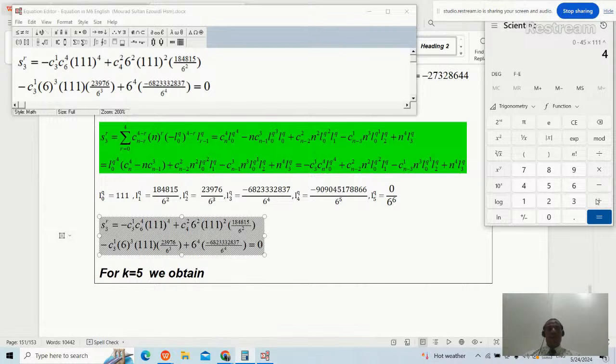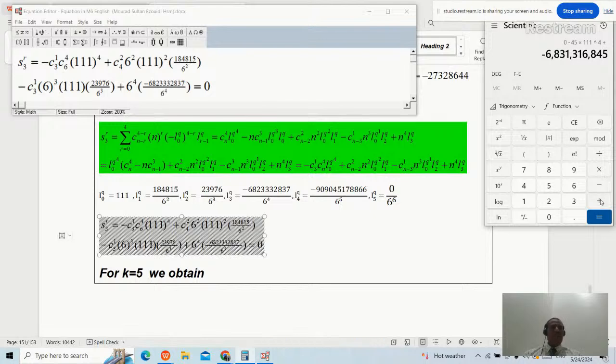Plus combination 4 choose 2, which is 6, times 6 squared times 111 squared times 184,815 over 6 squared. You see this 6 squared, it will be cancelled out. Therefore, I will just write the product of this with the one written in the numerator. Then plus what?